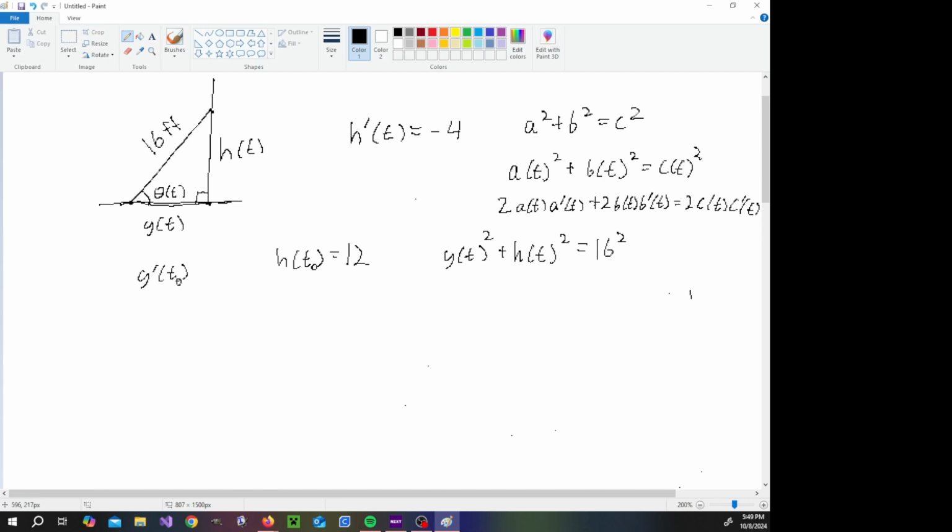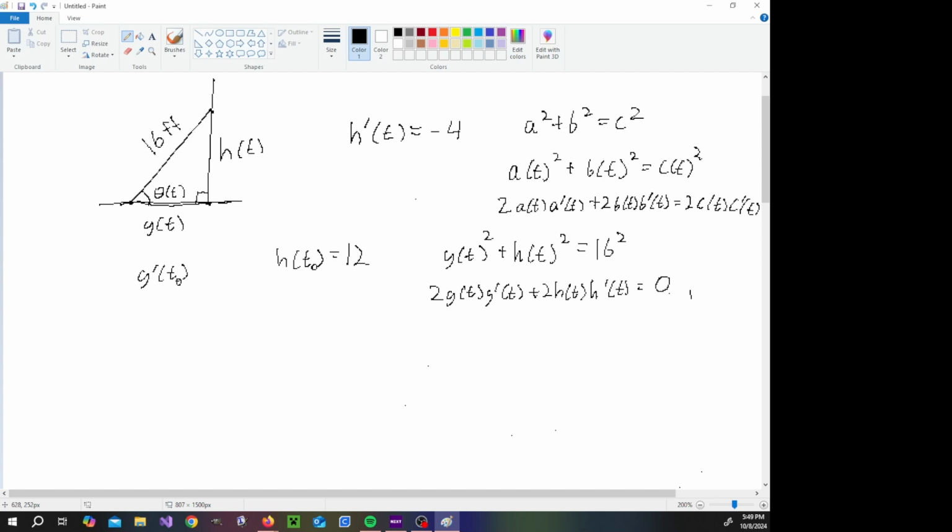So when we differentiate this, we have 2g of t, g prime of t, plus 2h, h prime of t is equal to, well, this turns into 0. 16 squared is still some constant number, so when we take that derivative, we're still going to get 0.